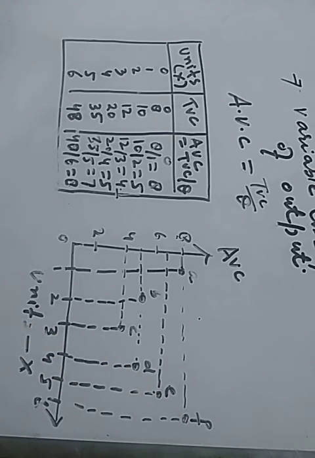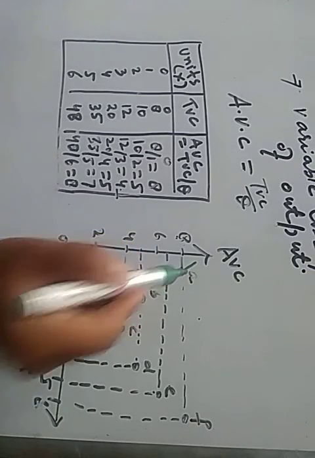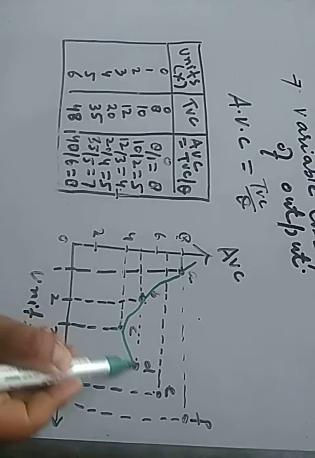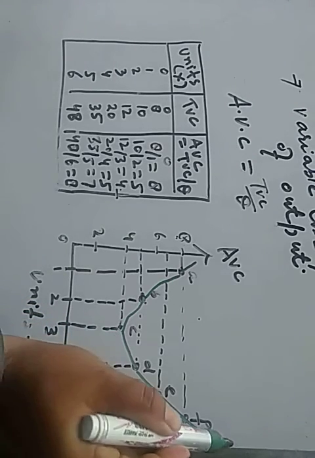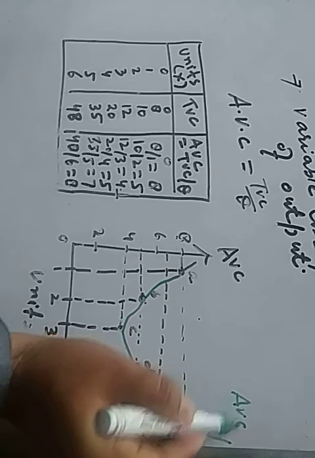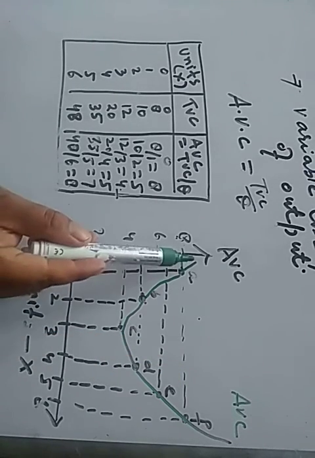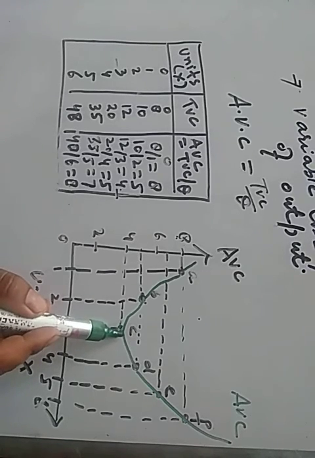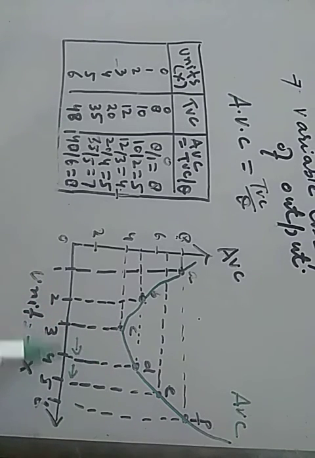Now joining these points, we will get the average variable cost curve, which initially decreases up to a particular level of output, which is 3 units, that is point C. Thereafter it starts rising with the increase in level of output.